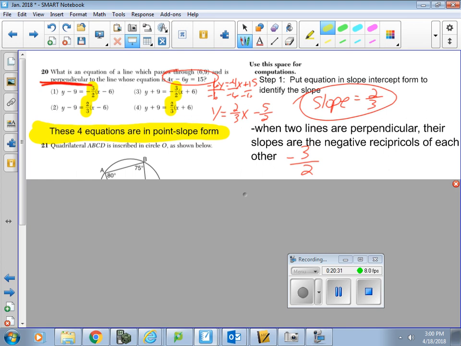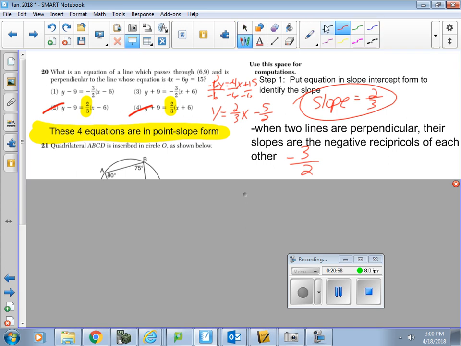All right, so that means we can eliminate 2 of them. 2 and 4 do not have the slopes that we need. 1 and 3 do. Now the question is, which one of those pass through the point 6, 9? Well, any number of ways you can do this, but for our purposes now, I'm just going to plug in the 6 for x and the 9 for y and see which one works out.